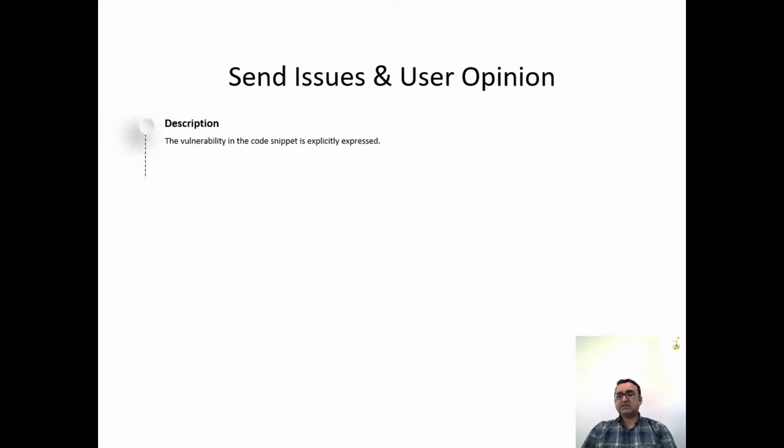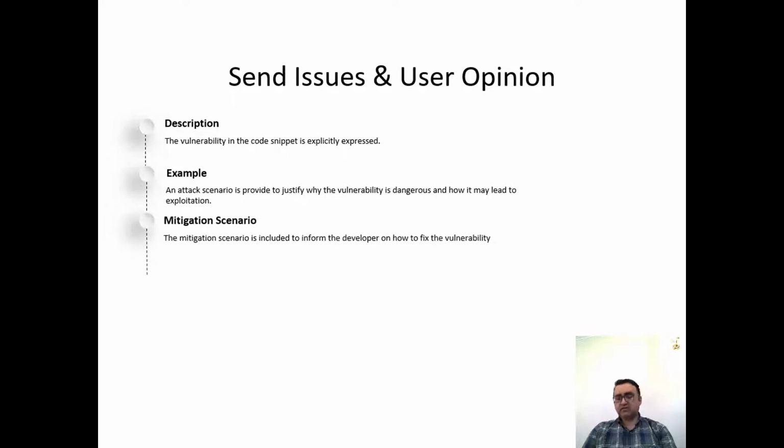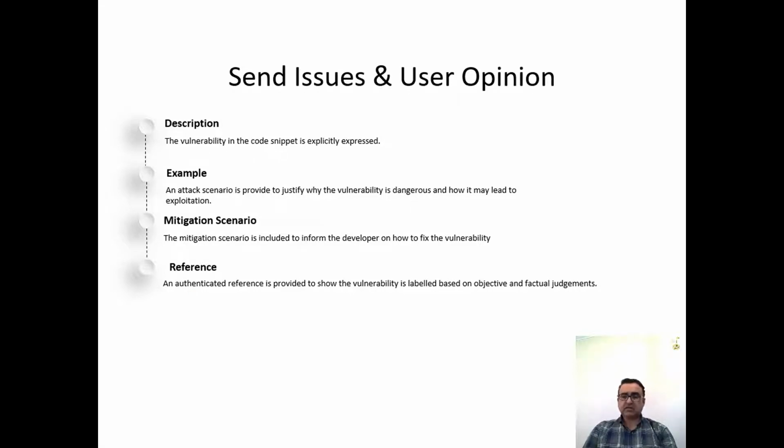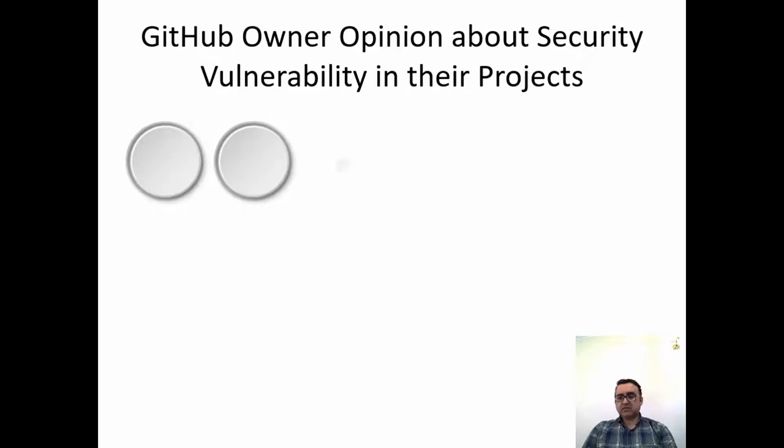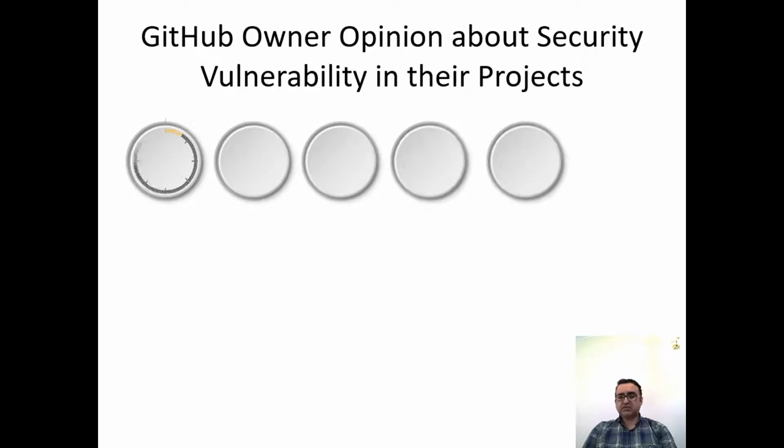We sent the developers a description of the vulnerability, why it is one, and we provided examples of how they can fix it through a mitigation strategy, and official references so they understand why we claim that their code is vulnerable, and that it's not just a subjective issue, it is objective.